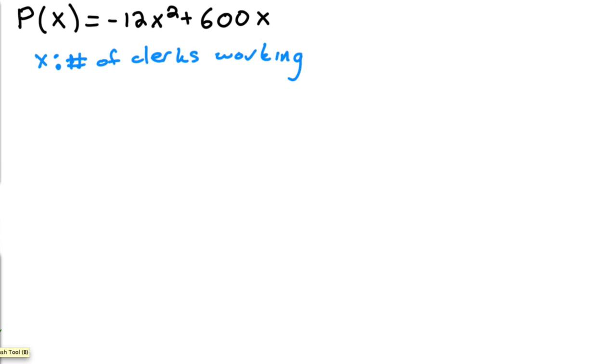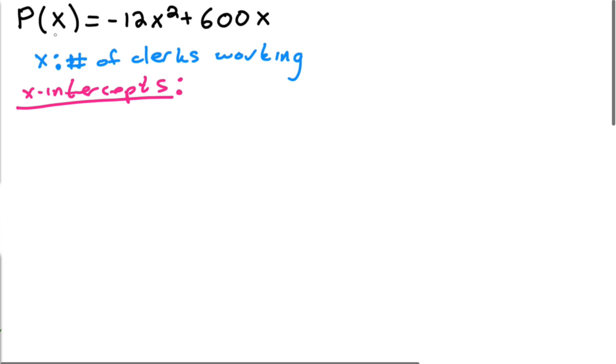So let's find the x-intercepts algebraically here. To find the x-intercepts, we need to find when p of x is equal to 0. That's when the profit is equal to 0.